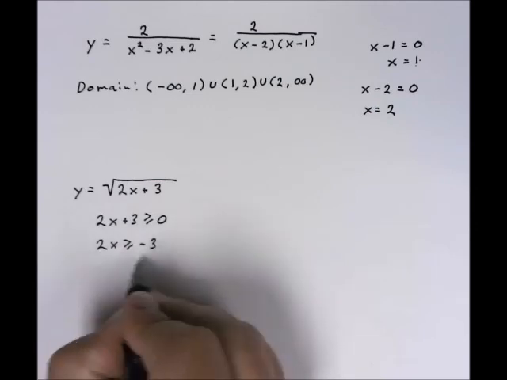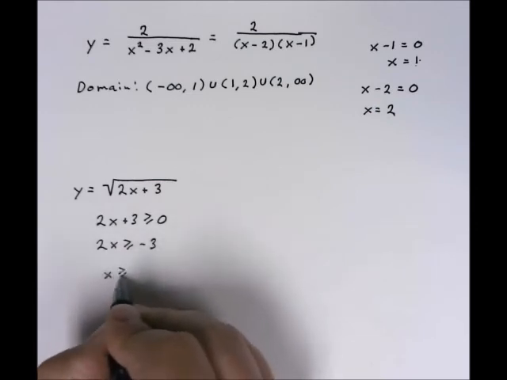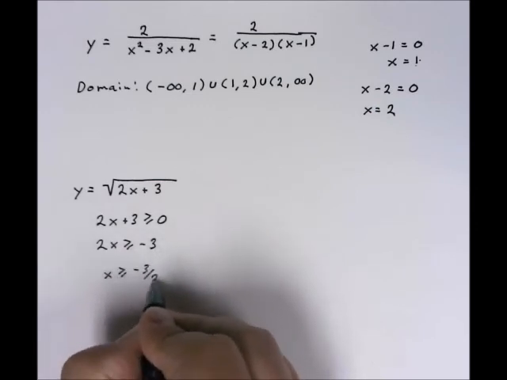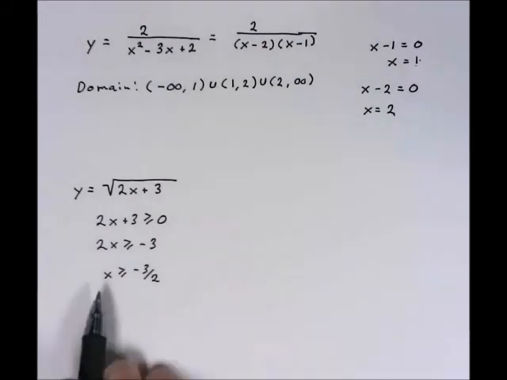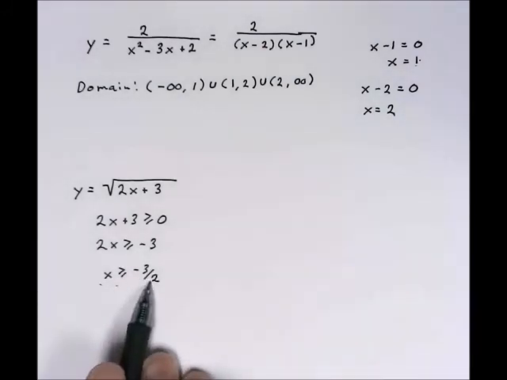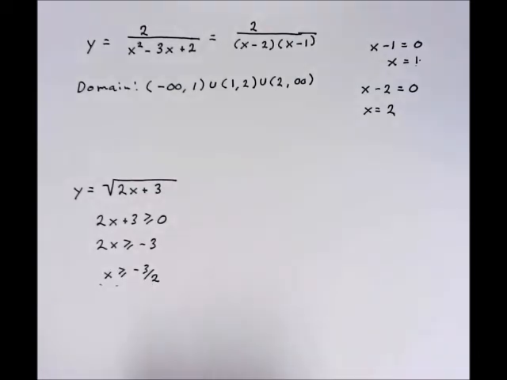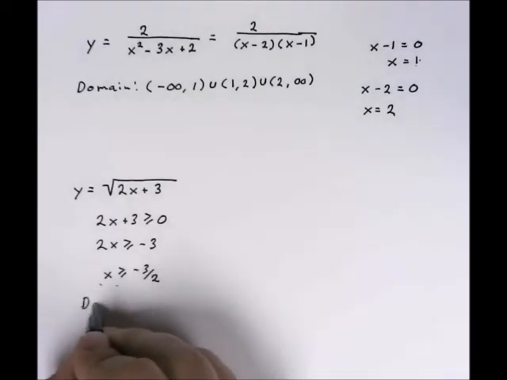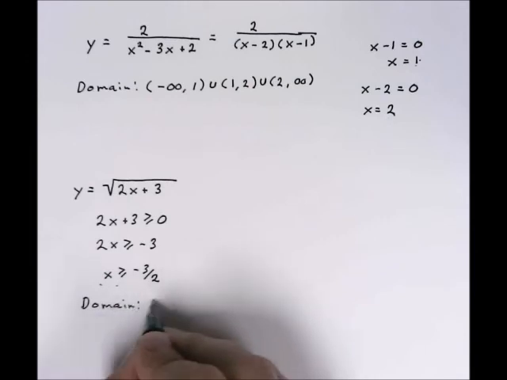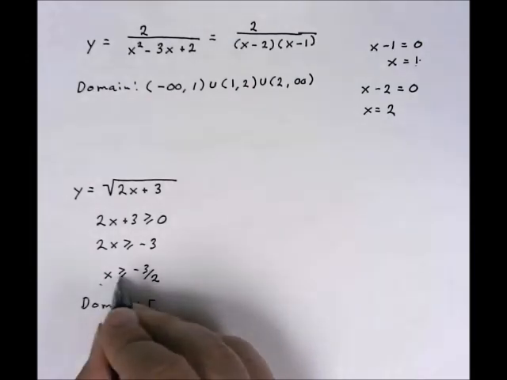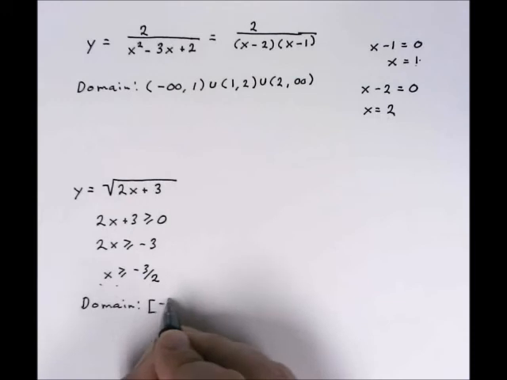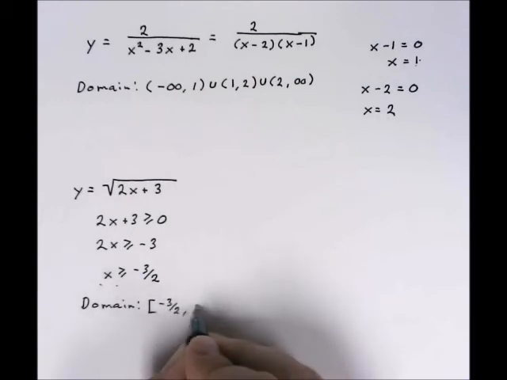And I'm going to divide both sides by 2. So I get x is greater than or equal to negative 3/2. Now all I have to do is write that in interval notation. So because it's greater than or equal to, it's close bracket, the negative 3/2, and it goes on to infinity.